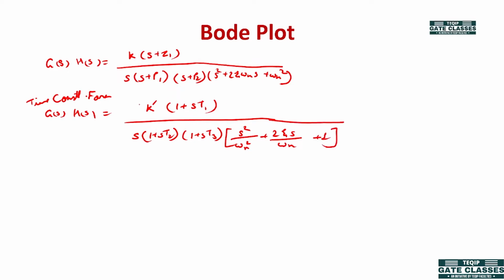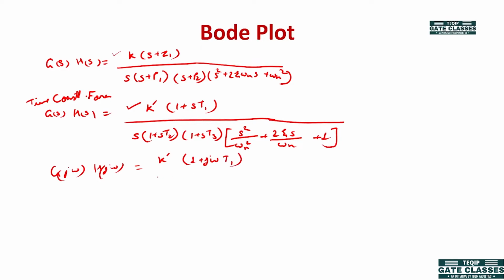So the first step is, if the open loop transfer function is given in the general form, we have to convert it into time constant form. Then we can simply identify the terms G(j omega), H(j omega). We can convert it into frequency response by simply replacing s with j omega.